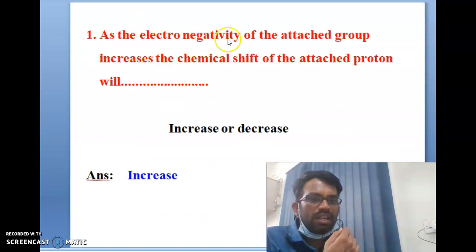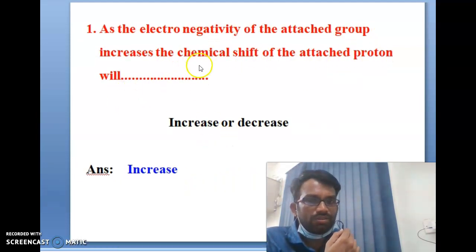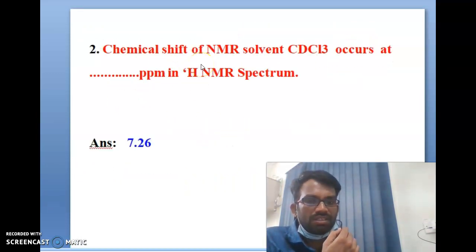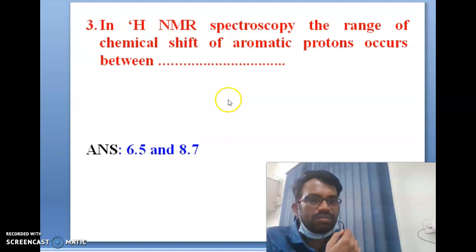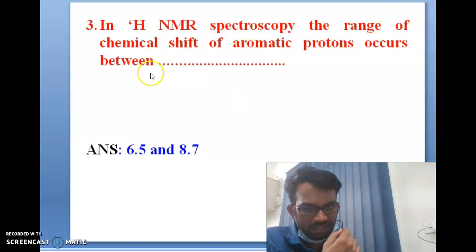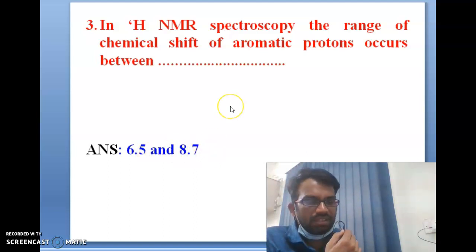As the electronegativity of the attached group increases, the chemical shift of the attached proton will increase or decrease? Increase. Okay. Second question: the chemical shift of the NMR solvent CDCl3 occurs at dash ppm in proton NMR: 7.26. Third: in proton NMR spectroscopy, the range of chemical shift for aromatic protons occurs between 6.5 to 8.7, the aromatic region.